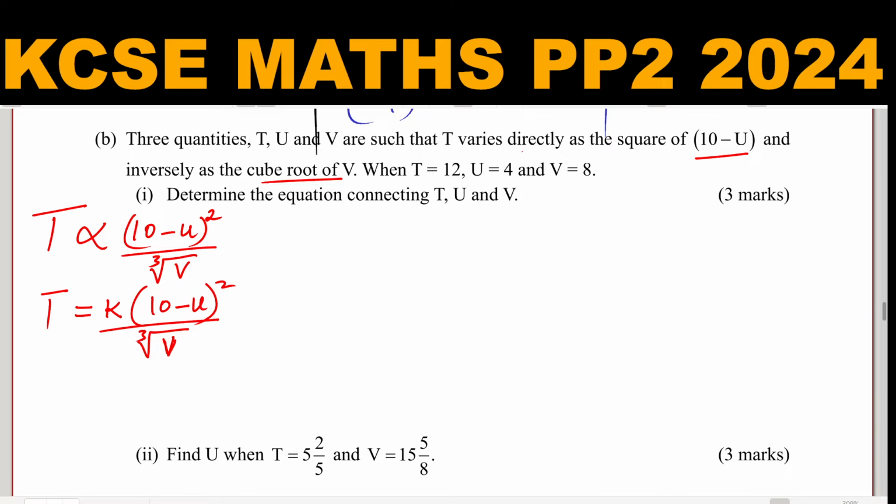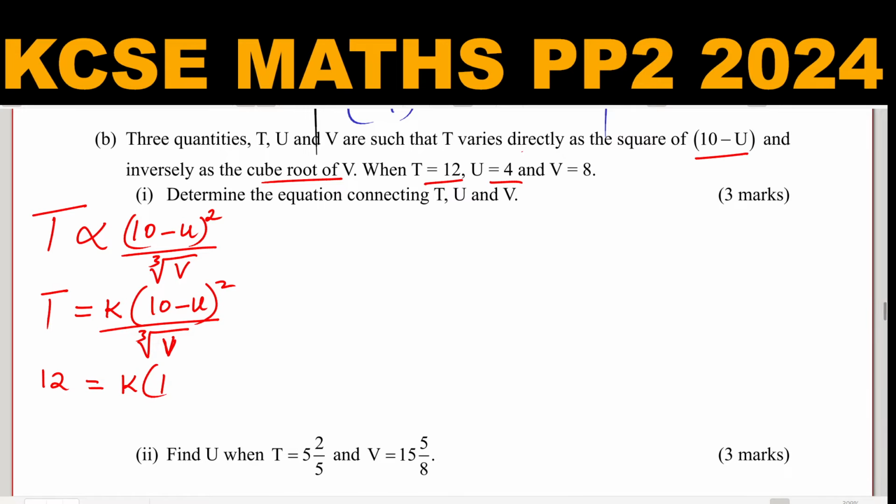Now we need to get this constant, and to do that we are given here when T is equal to 12. So substitute 12 is equal to K, and then we have U as 4.